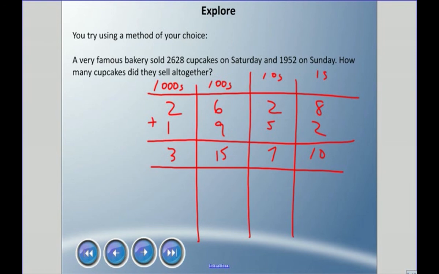And so we're going to deal with this 15 here, and so this 1 is going to move over, so that becomes a 4, and I'm left with a 5, and then I have a 7, and then a 10. I don't need to deal with the 10's column, but I do need to deal with the 1's column, so this one is going to move over and become an 8. That leaves a 0. And again, we have 4,580.